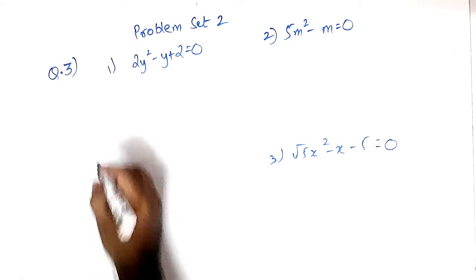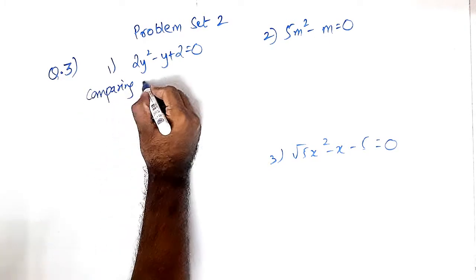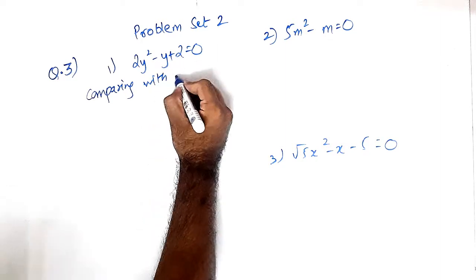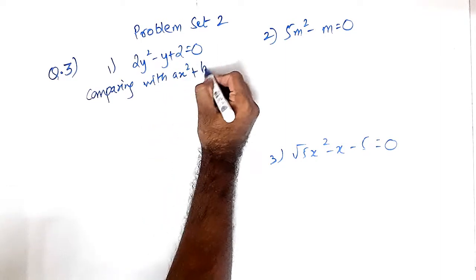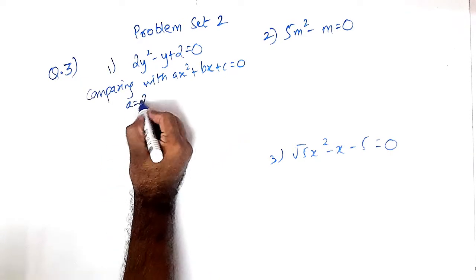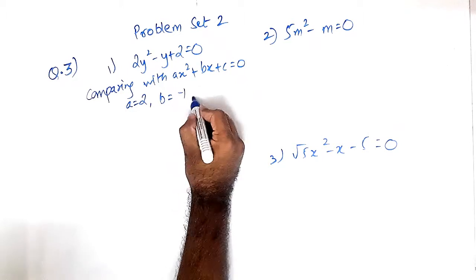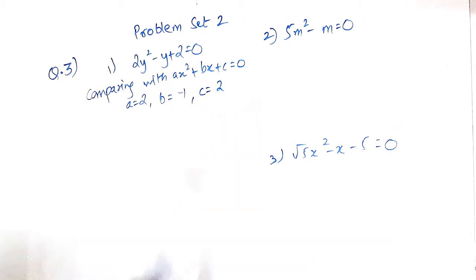Okay, so I'll first compare the equation with the standard form, comparing with ax square plus bx plus c equals 0, a equals 2. What is b equals to? Minus 1, and c equals 2. Correct?